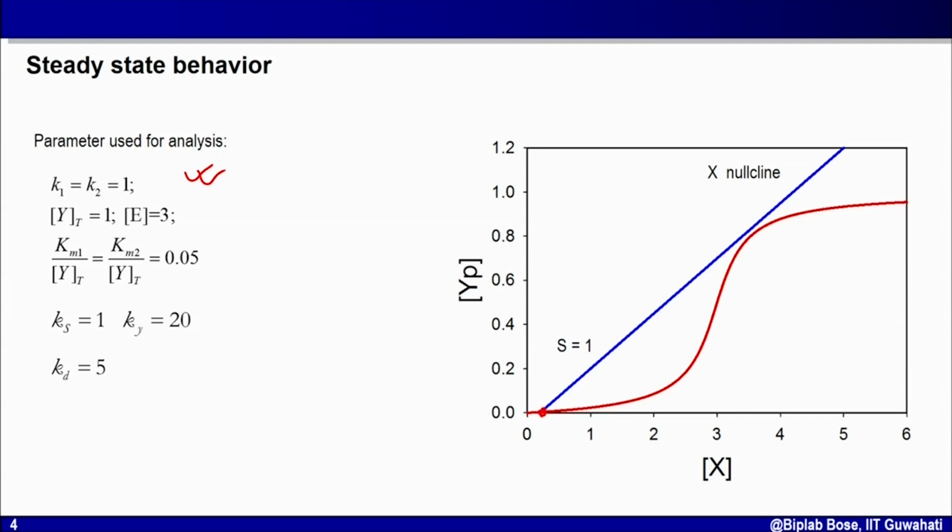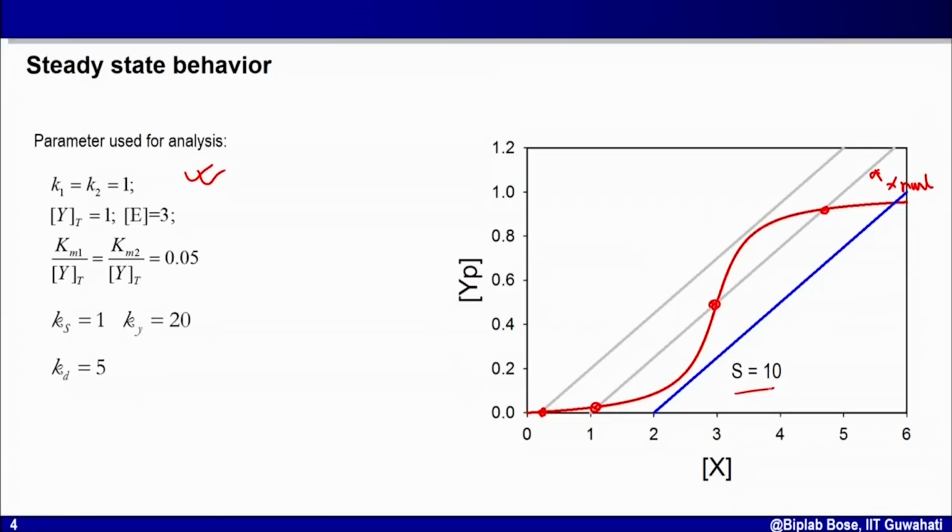So I have only one steady state. Now if I increase S from 1 to 5, obviously my straight line moves to the right hand side. So now I have this new blue line as my x null cline. And you can easily see now I have 3 points of intersection between the x and y null clines. So that means I have 3 steady states.